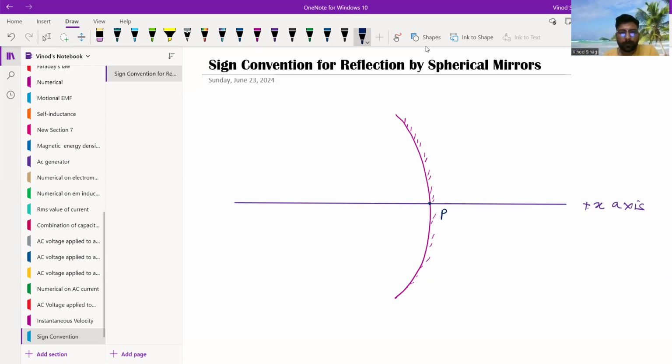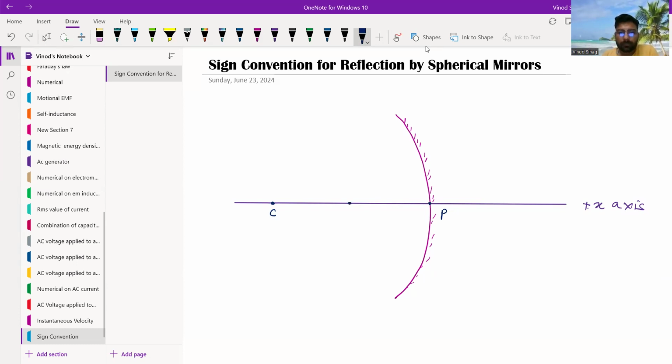Then there is the center of curvature, and the middle of the line CP, in other words half of the distance between the center of curvature and the pole of the mirror, is the principal focus.